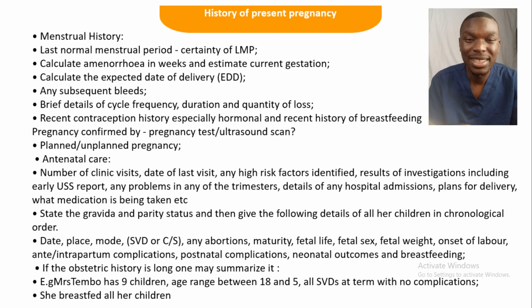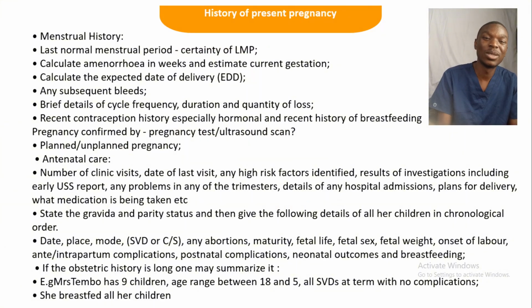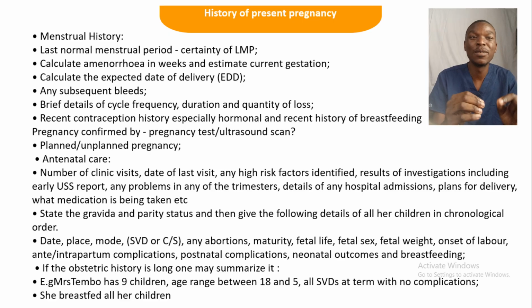You're getting this history. Are they painful or not? Is the pain manageable or not? In this case, I'm dealing with an obstetric patient. The patient was pregnant, so you want to know their menstrual history. These are the things that you ask.